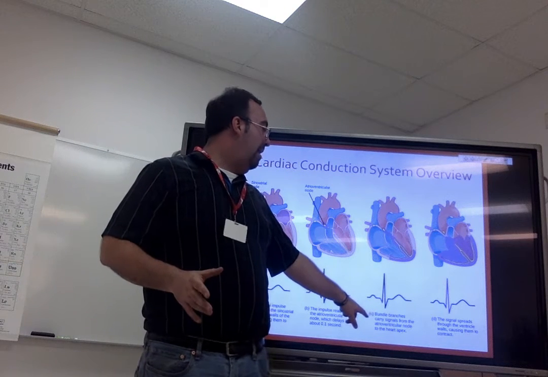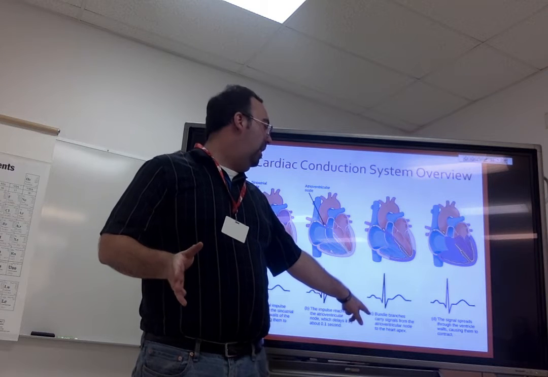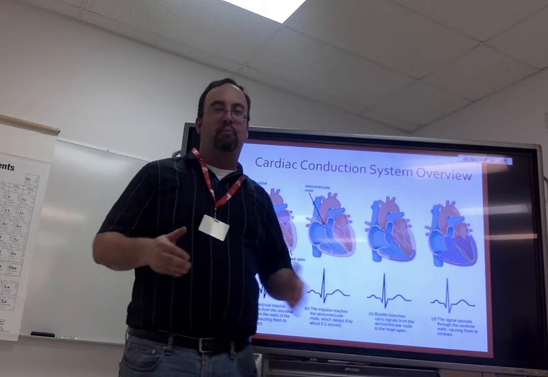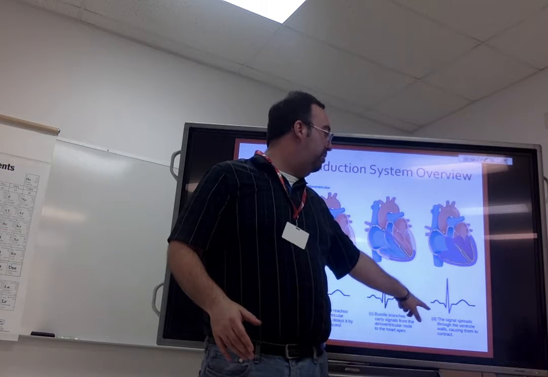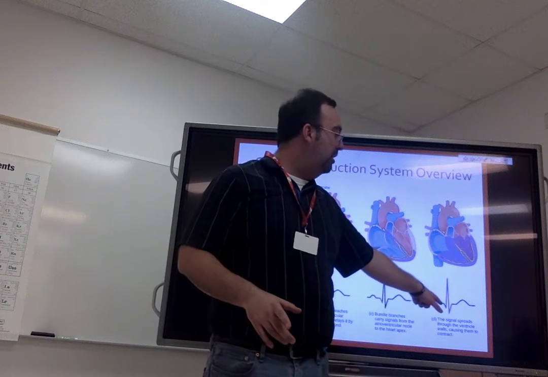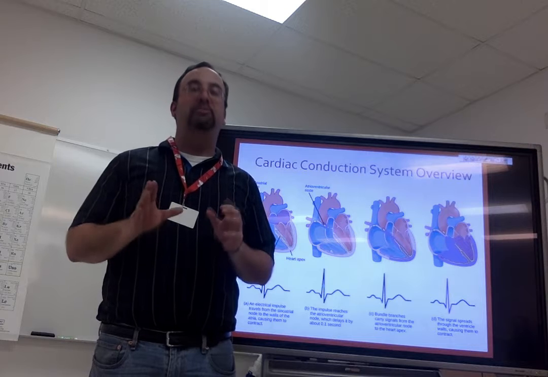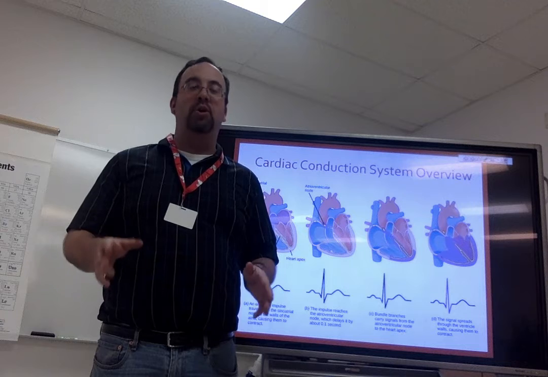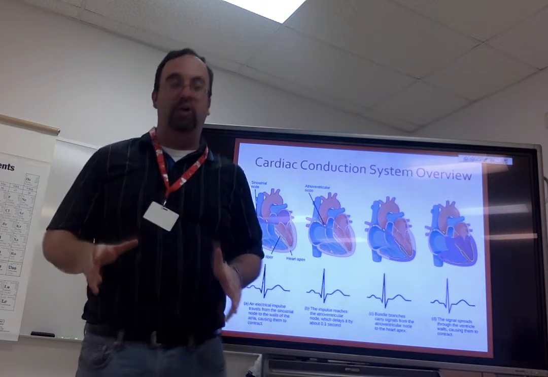Then the bundle branches, the Purkinje fibers, carry signals from the AV node to the heart apex, the point at the distal end of the heart. The signal then spreads through the ventricular walls, causing them to contract. Notice at this point you have a significant spike in electrical activity. It's basically trying to show you how the AV node and the SA node help keep your heart beating at a normal, continuous rate, hopefully. All right.